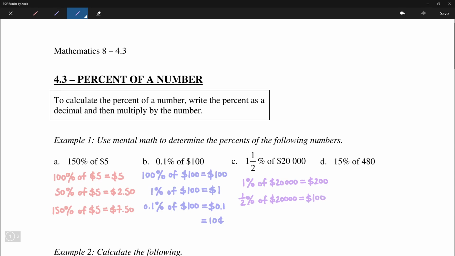So finally, 1.5% of $20,000 would be $300 altogether.